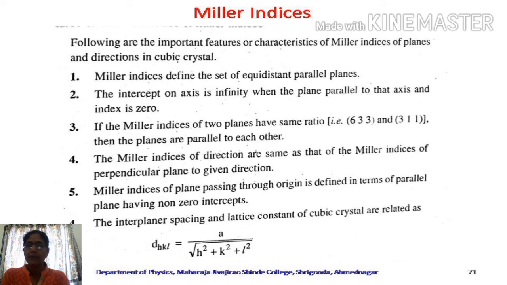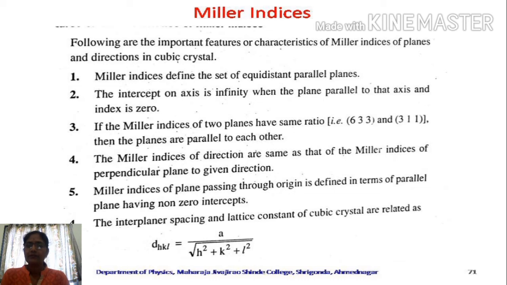The next is that the Miller indices of a plane passing through the origin are defined in terms of parallel planes having non-zero intercept. If a given plane is passing through the origin, then its index will not be 0. It will have some non-zero intercept.